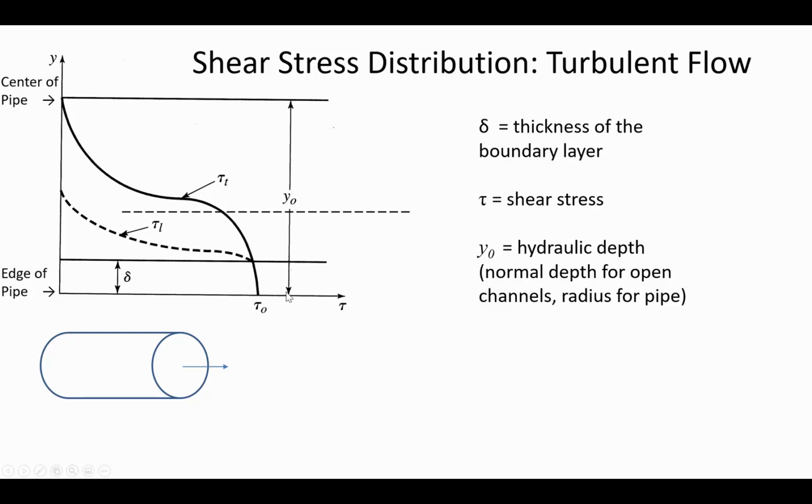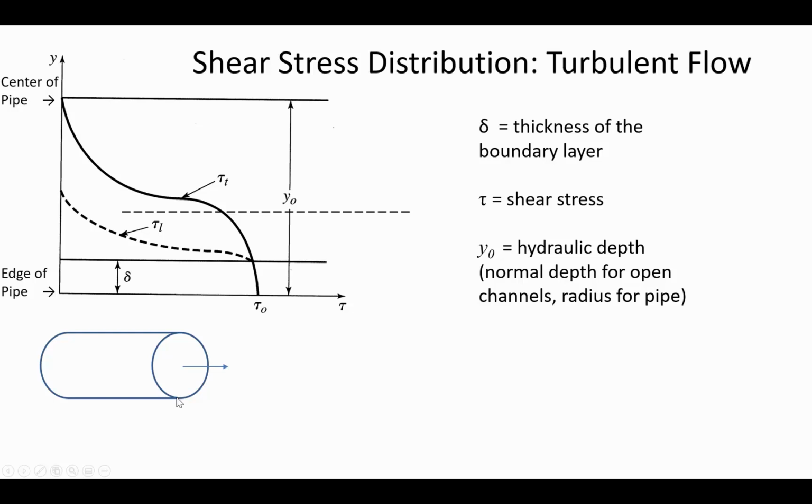The bottom of this figure, so this horizontal axis, refers to the bottom edge of the pipe. And then the top, this is saying center of pipe. So think about in the center of pipe, what we know is true is that's where there's the least resistance. You know, the water is the furthest away from any stationary boundary at the center of the pipe.